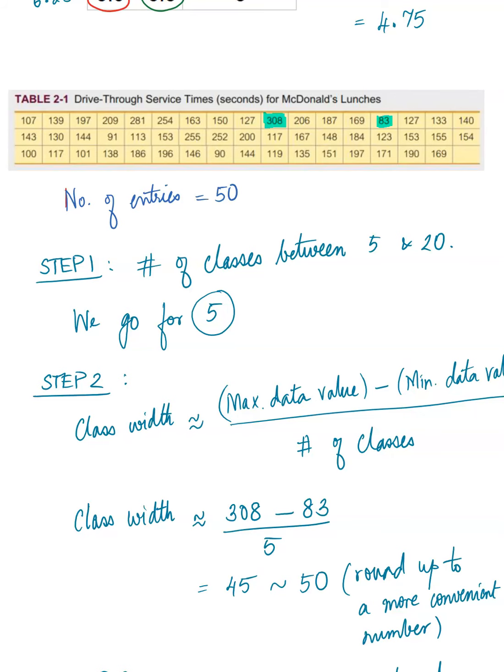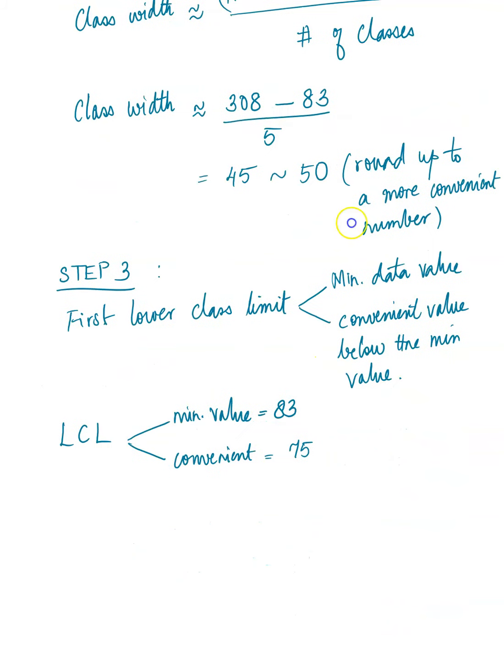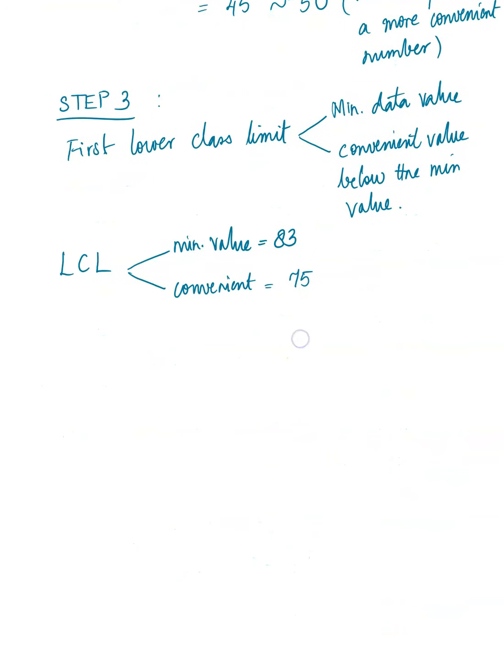Okay. So when we have this 75, the lower class limit helps you to build your list, use this lower class limit to list the other lower class limits. So that will be step 4.